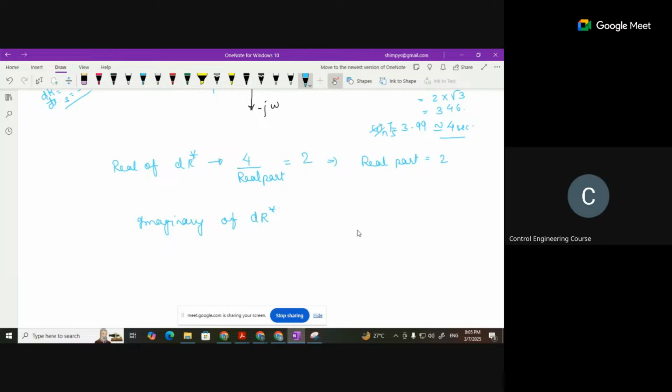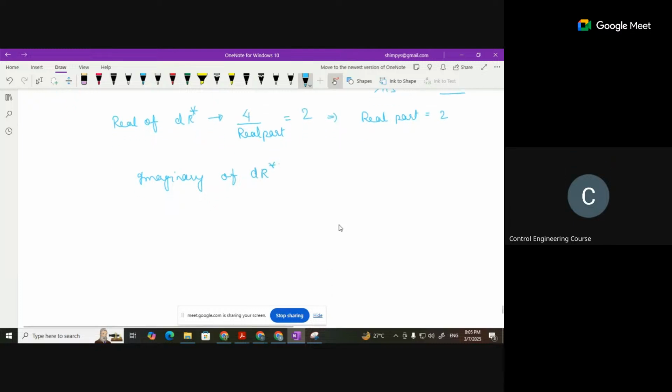It is given as what we have taken, 2 tan 60 degrees. That comes out to be 3.46. This is how you will calculate the imaginary part.